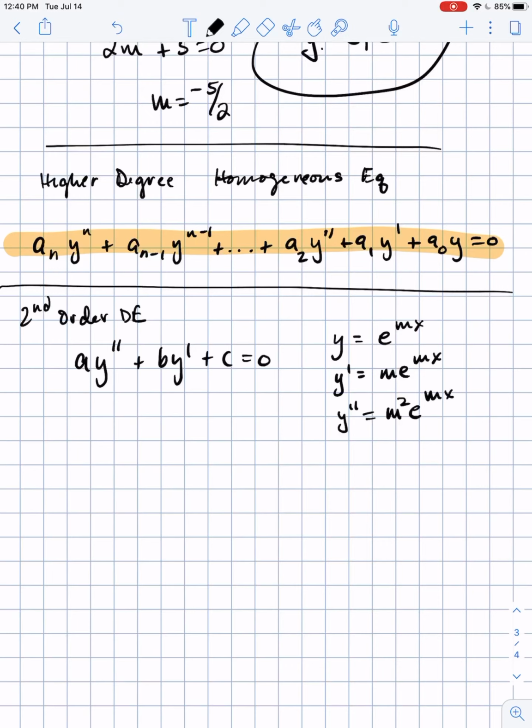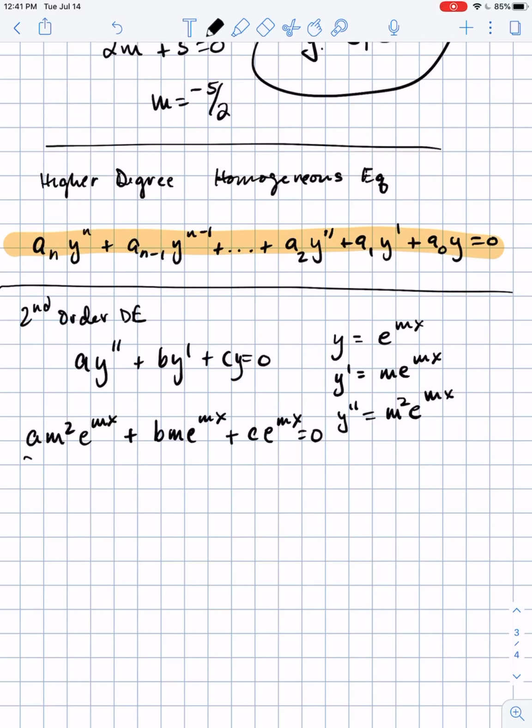So if I do the same thing as I did with the first and plug everything in, I'm going to wind up getting a m squared e to the mx plus bm e to the mx plus, I forgot my y, c e to the mx equals 0.